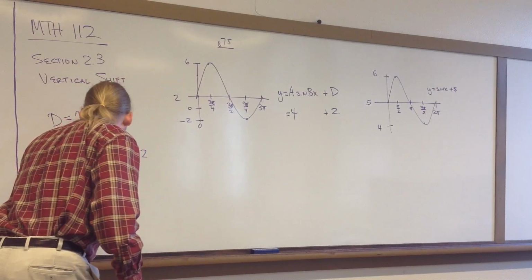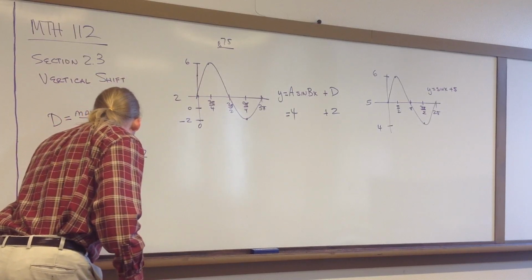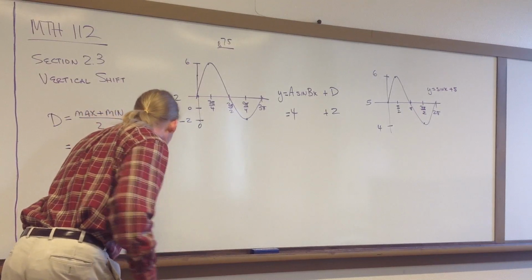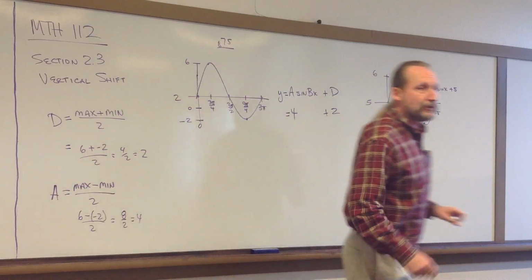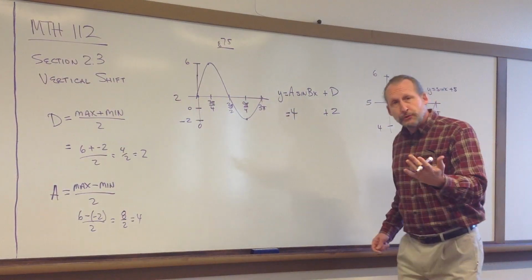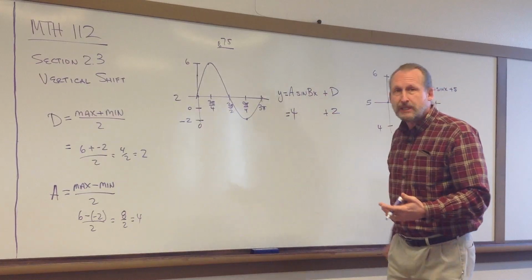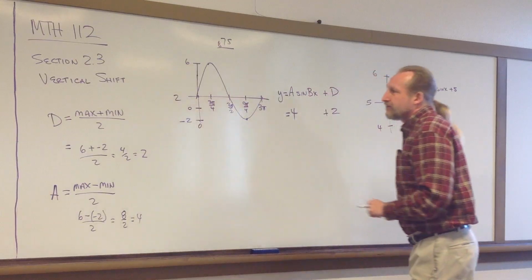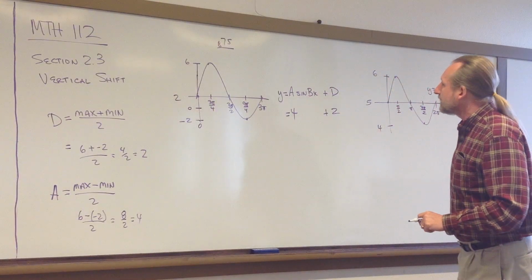In this case, that's 6 minus -2 over 2, which is 8 over 2, which is 4. And that's the value for A. So I just talked about an intuitive way to find the values for D and A, and 2 formulas that you can use to find the values for D and A.